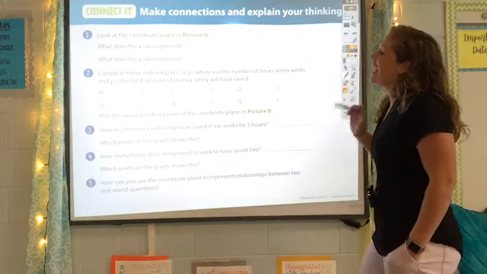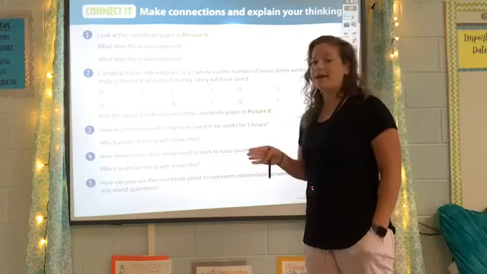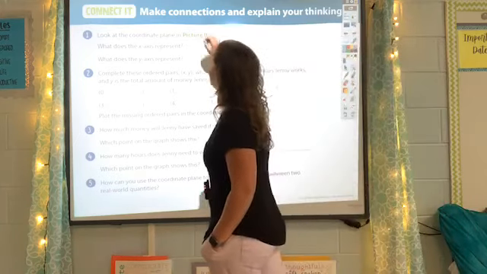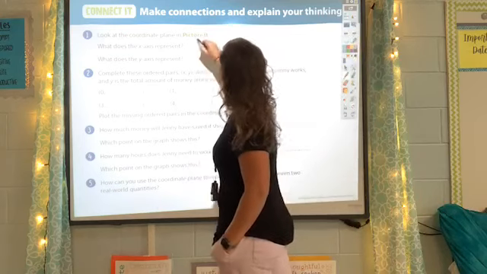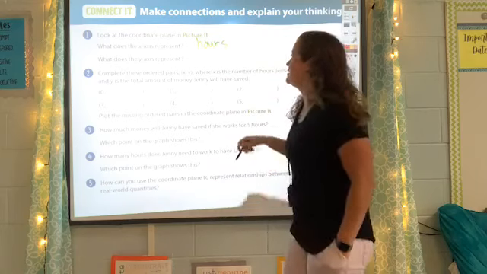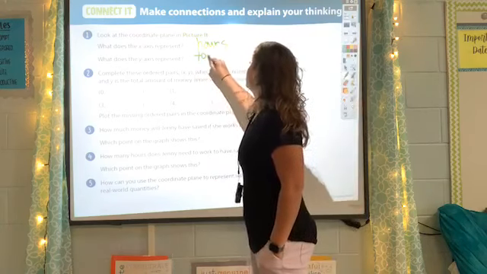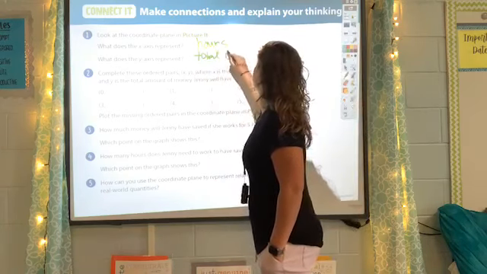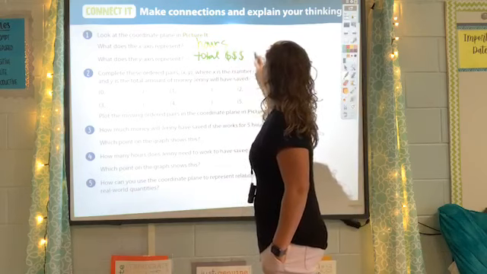Okay, what does the x-axis represent? If we go back and look, we know that the x-axis represents hours, okay? Our y represents total money saved.